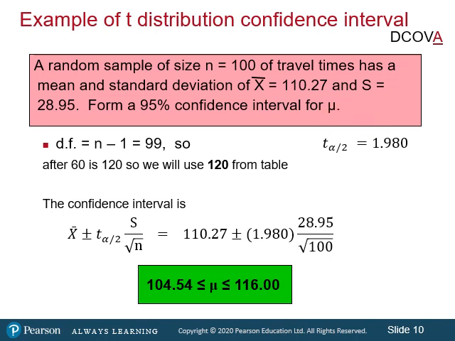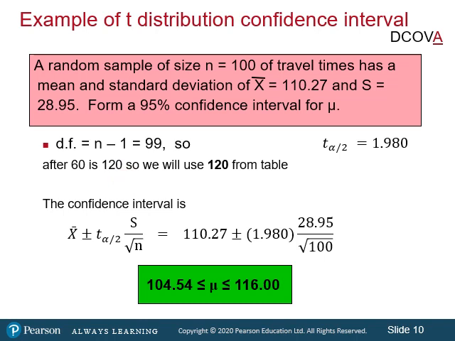So here some of the numbers that we can summarize are n equals 100, x bar equals 110.27, s equals 28.95, and the degrees of freedom is n minus 1, which is 100 minus 1, 99. Since we don't have 99 in the table, we will look at the next number, which is 120.